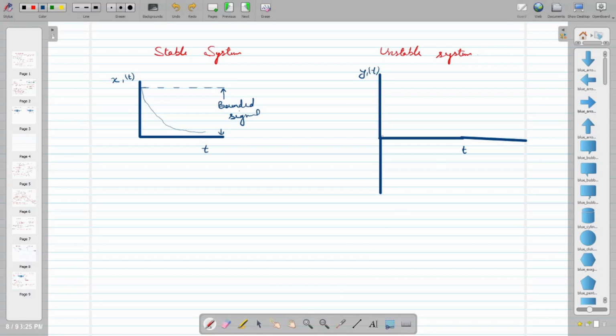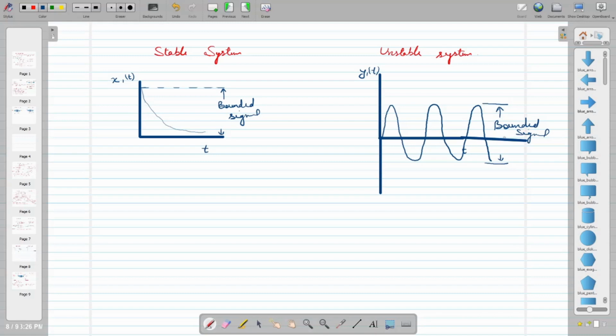This is again a bounded signal, within the limit, right?